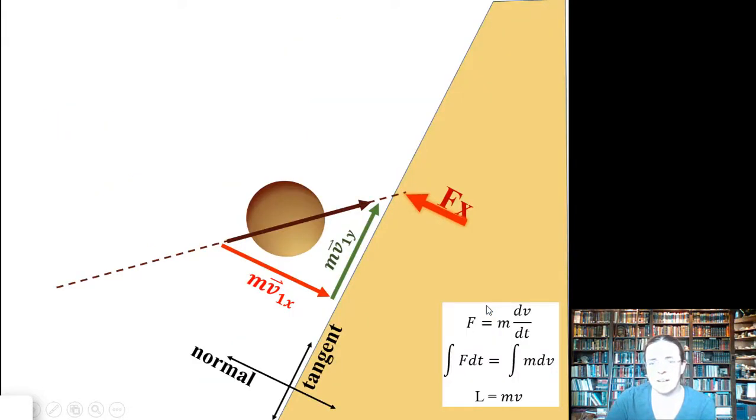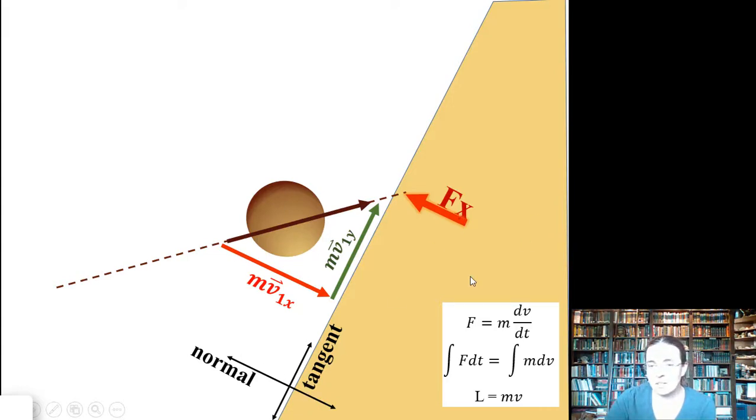If the wall gets slanted, so now our wall isn't straight up and down, you're still going to do the same thing. We split everything up into what is normal to the surface and what is tangent to the surface, and know that the force is only going to happen in the normal direction.